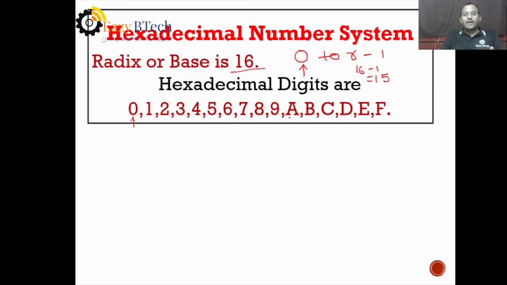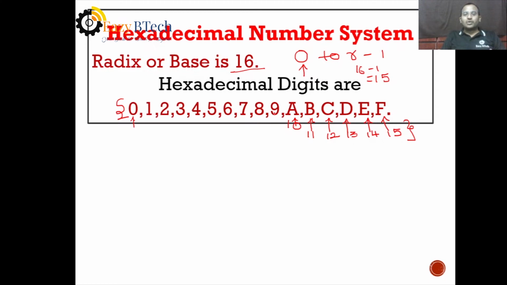Then 10, which comes after 9, we represent with A, B corresponds to 11, C corresponds to 12, D corresponds to 13, E corresponds to 14, whereas F corresponds to 15. So in total we have 16 elements in the hexadecimal number system. The minimum element is 0 and the maximum element is 15, which we represent with the capital letter F.